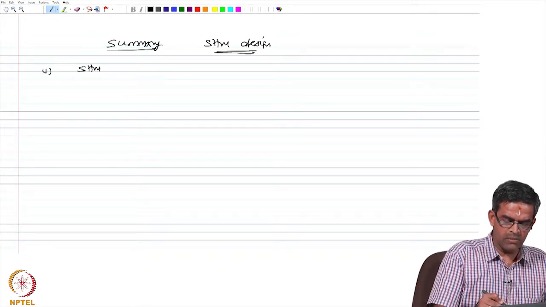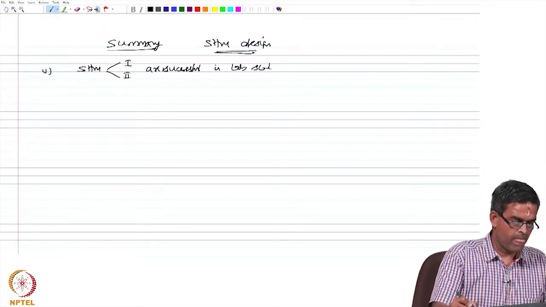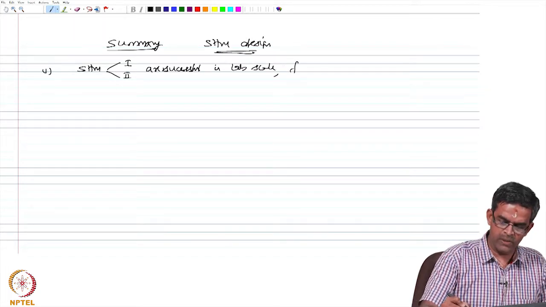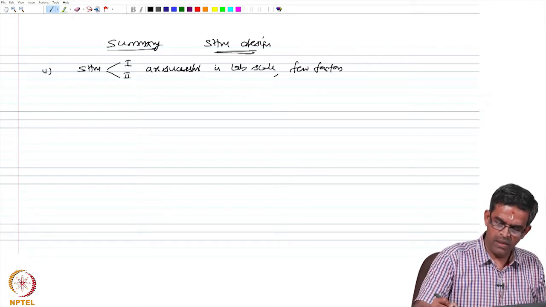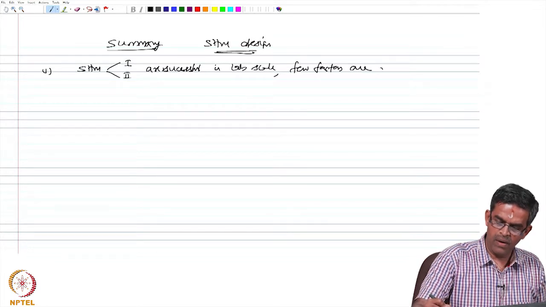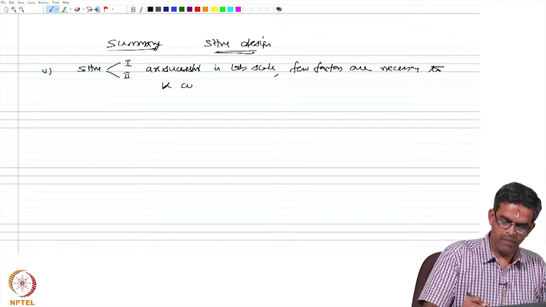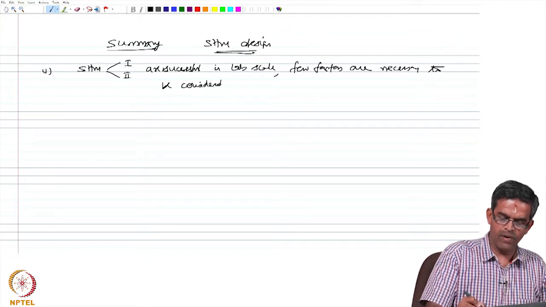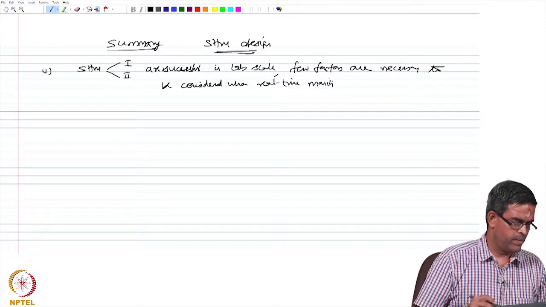Even though this SHM system 1 and system 2 are successful in lab scale, few factors are necessary to be considered when you do a real time monitoring. Okay.